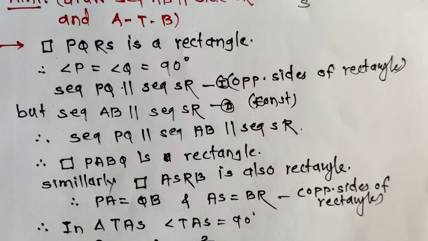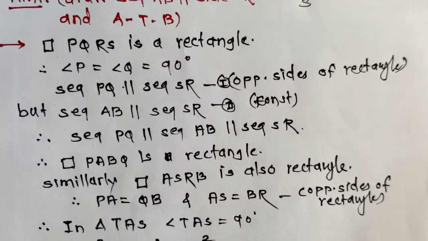Similarly, ASRB also becomes a rectangle. You know the opposite sides of a rectangle are congruent, therefore PA equals QB and AS equals BR.